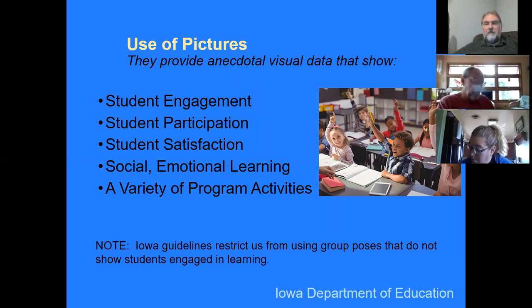So if you send us a bunch of kids standing there, nice pose, we cannot use that. So unfortunately, you want to make sure you're capturing the following: student engagement, participation, satisfaction, social emotional learning, or showing us some of the different activities that they've done. And then we'll be good.